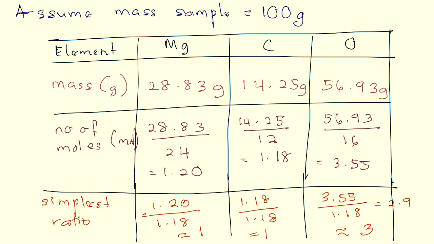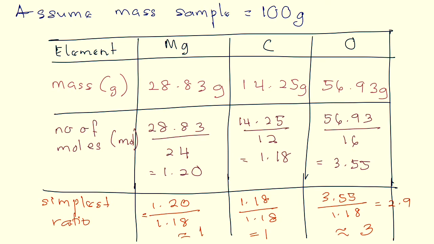From there, you can determine the number of mole. Let's say for magnesium, the mass is 28.83 and the molar mass is 24. When you divide, it will become 1.20 mole. Same goes for carbon and oxygen.